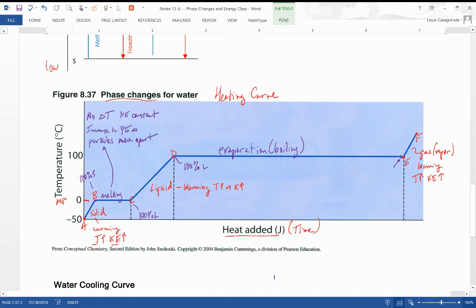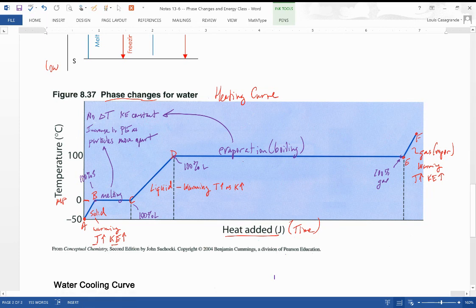At E, we've converted all that liquid into 100% gas. And the same thing is happening. There's no delta T. Since there's no delta T, then we have an increase in the potential energy, and we're moving those particles further apart.